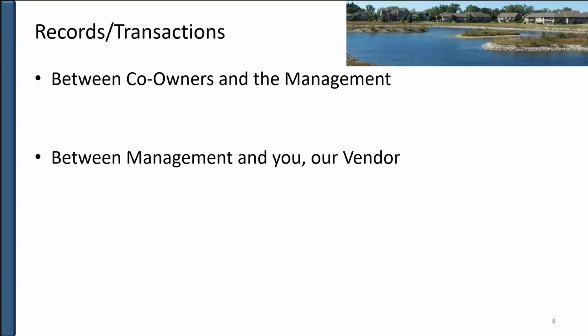So there are records and transactions between the co-owners and management, and then they take that and work with you directly, our vendor. We try to minimize direct contact between the co-owners and you, the vendor. I mean, there are times when it's necessary, but we try to minimize it.